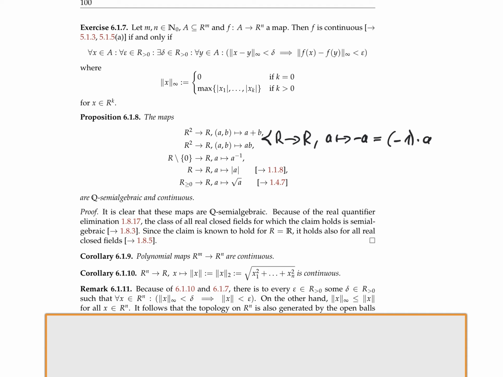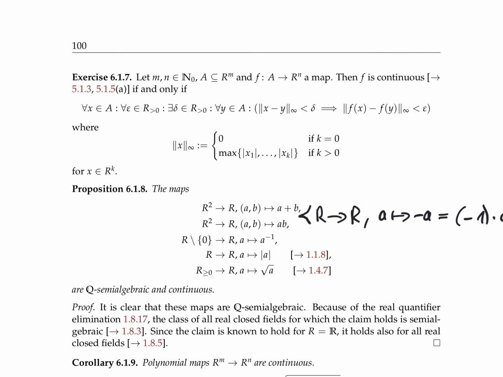And for y, maybe let me rewrite it so that we don't get confused. So for x I take 0 here, so I have here 0, 0. And for y I write x, x.